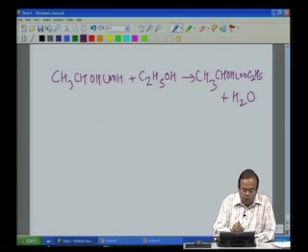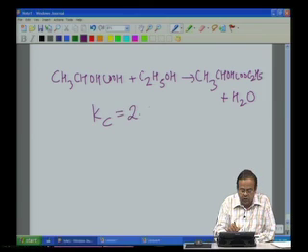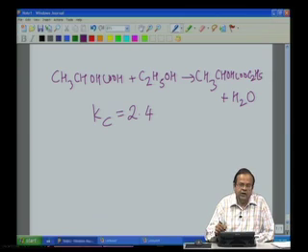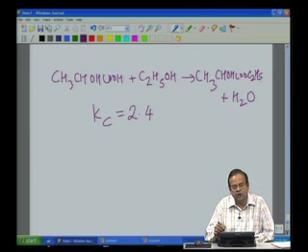The equilibrium constant Kc from thermodynamic considerations comes out to be 2.4. So, now we would like to find out how much ethyl lactate we can get, and remember this is the maximum ethyl lactate that you can get, because you cannot go beyond equilibrium; equilibrium is the upper limit.